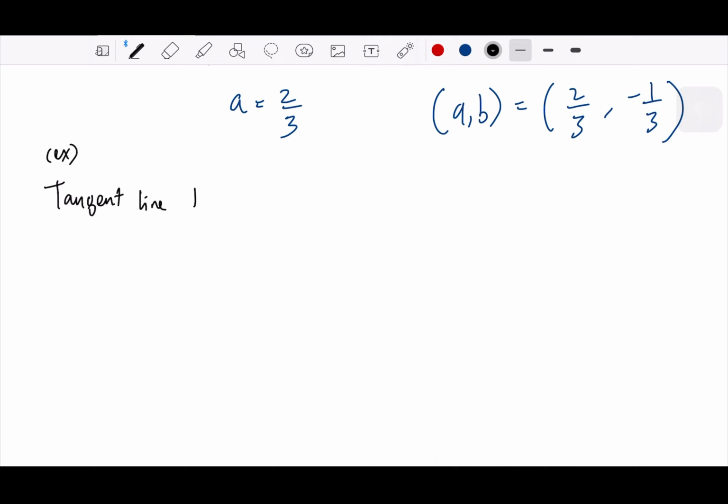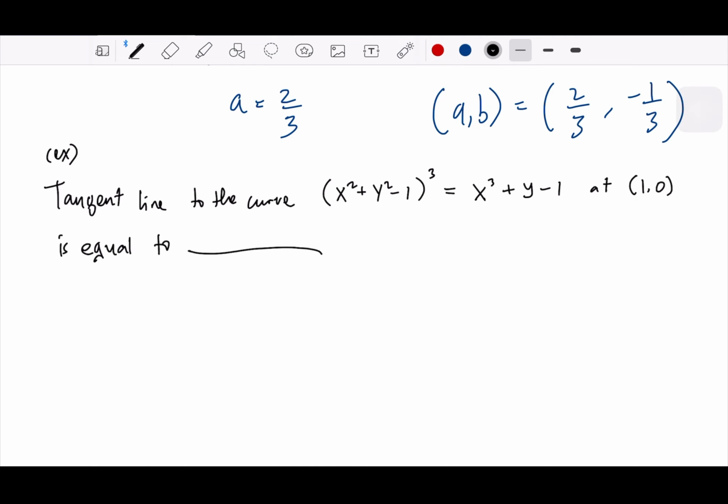So tangent line to the curve is equal to this is 3x cubed. So let me give you a couple minutes to check.